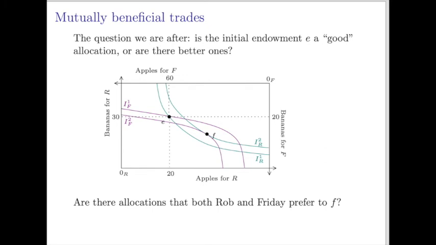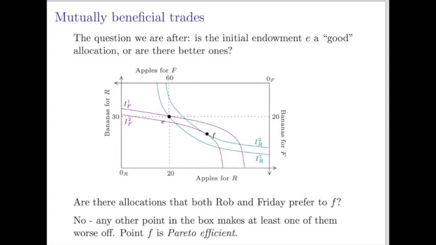How about this allocation F? Are there any allocations that are better than F? Nope. Any other point in the Edgeworth box is going to make one of them worse off. So F is Pareto efficient. And so how do we know that someone's going to be worse off at any other allocation?